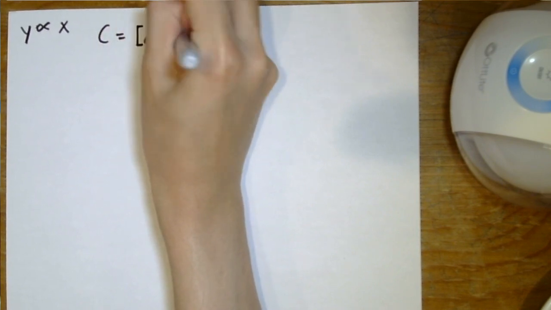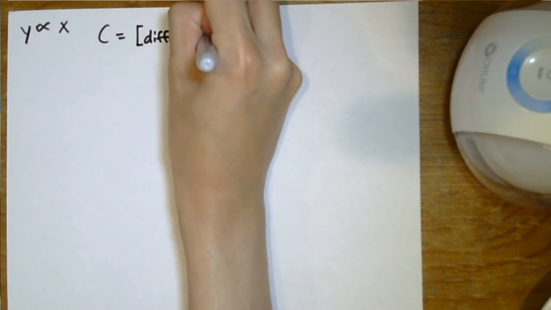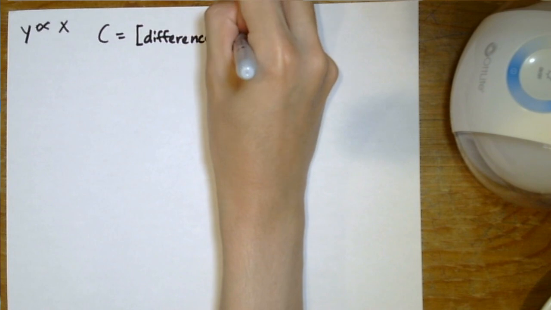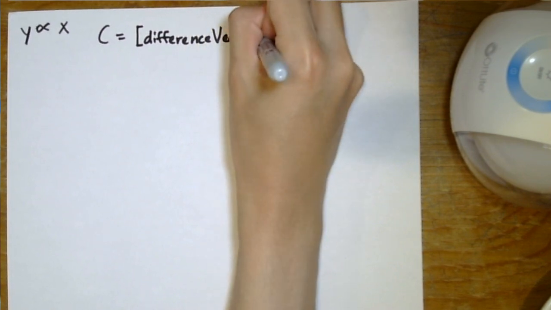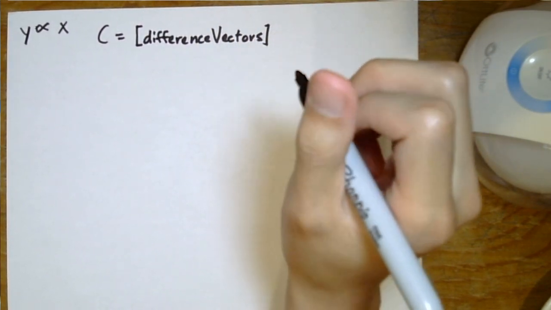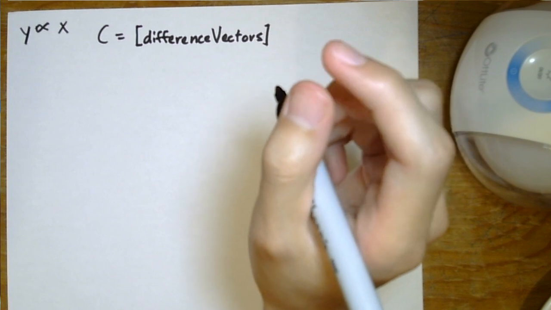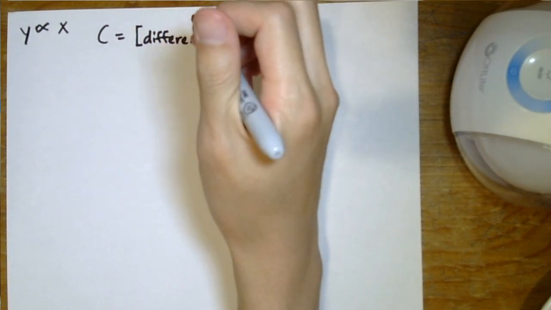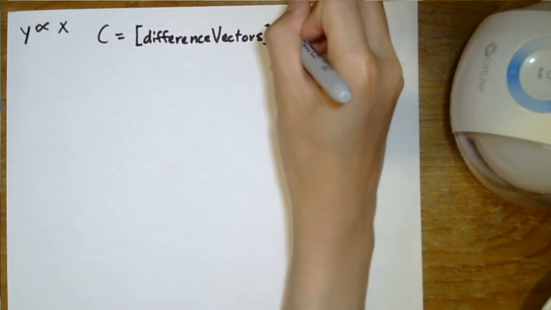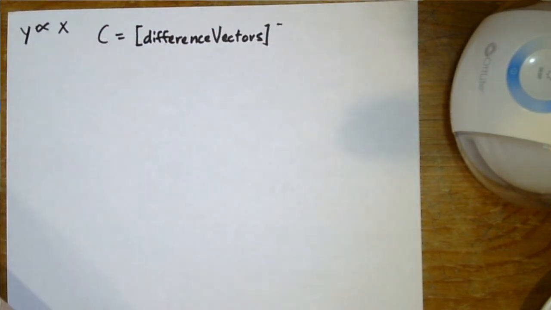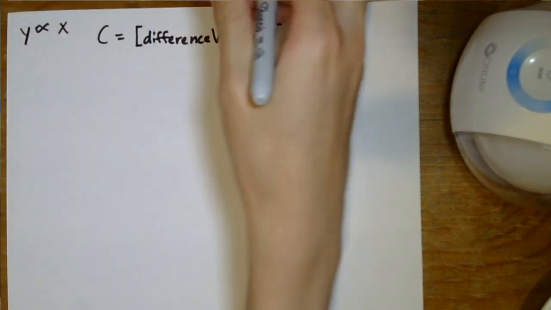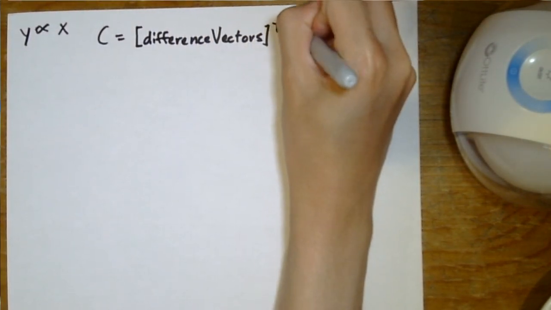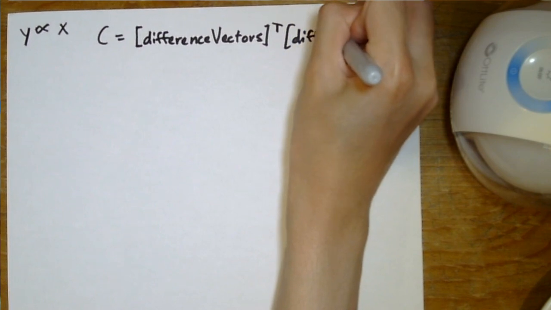So this will be however many faces we have, and however many pixels are in each difference vector, and multiplied. So we will do the transpose of this, and then multiplied by the difference vectors themselves.